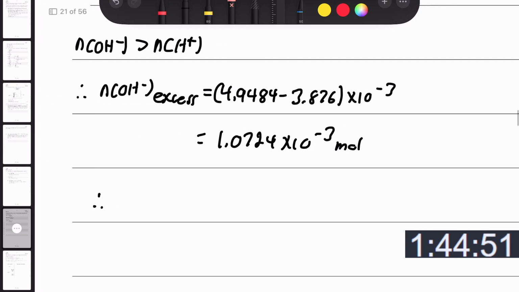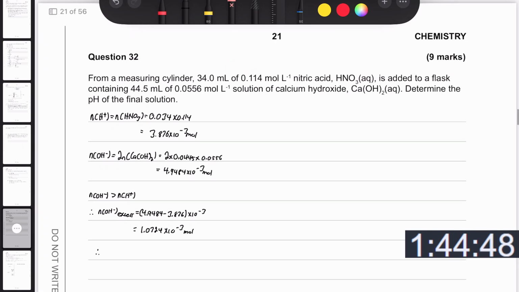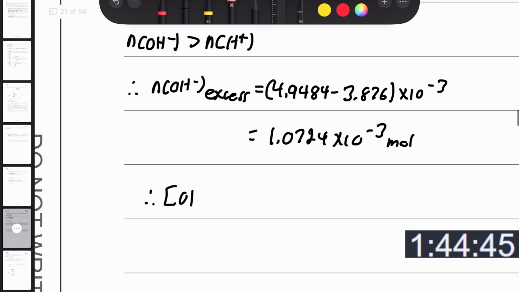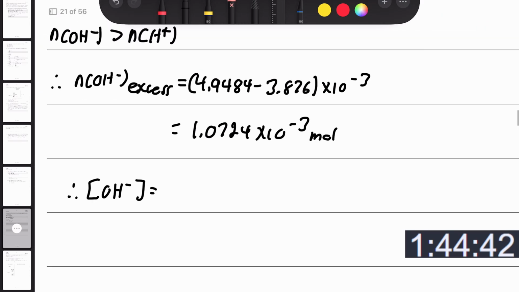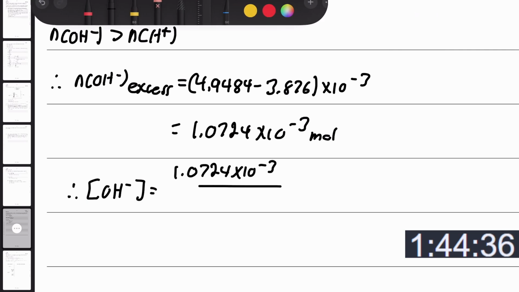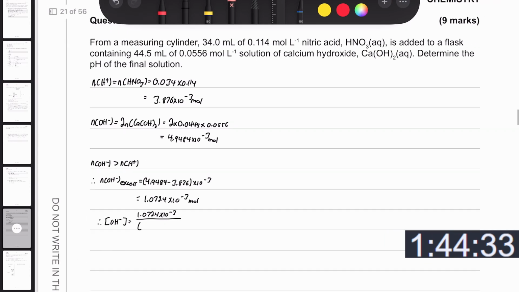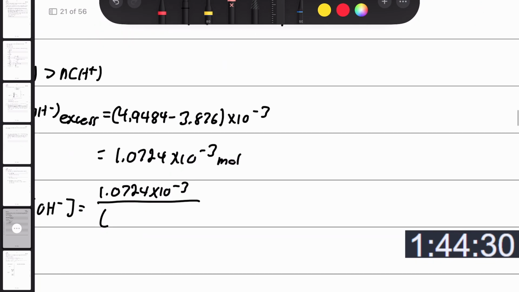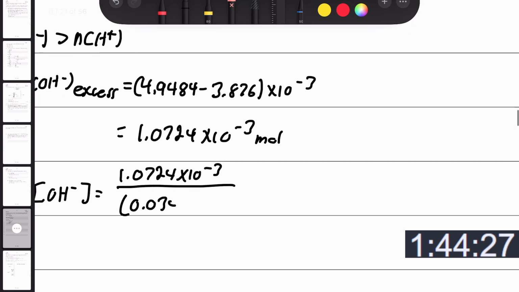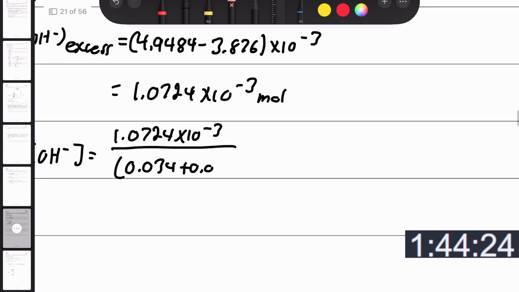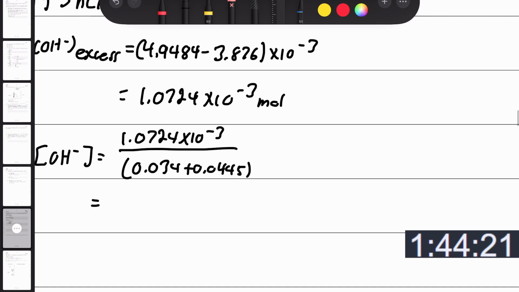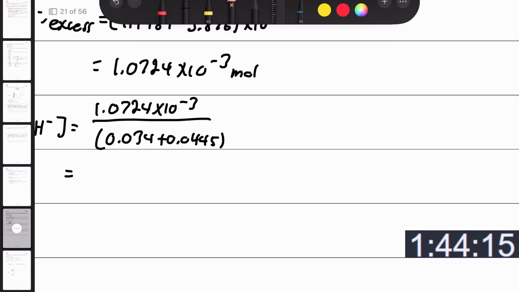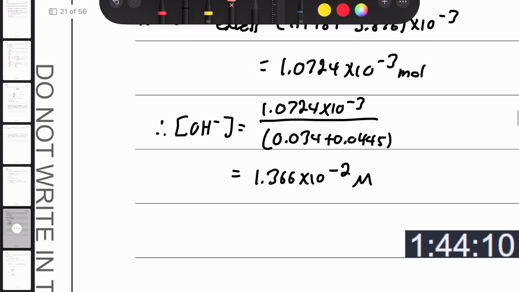Therefore, I can do concentration of OH minus is going to be equal to 1.0724 times 10 to the negative 3 all over 0.034 plus 0.0445. So this is equal to 1.366 times 10 to the negative 2.